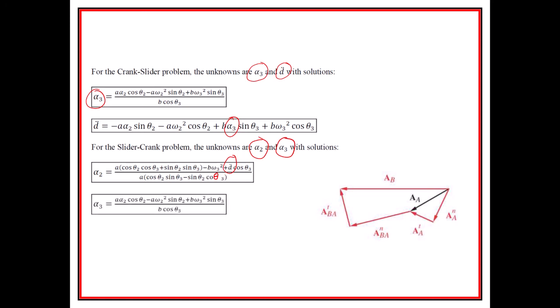All right, and then we come to this next one, and we get the alpha 3, and sure enough, we do need alpha 2 to be able to find alpha 3, just so you know. So we had to find that alpha 2 before finding the alpha 3. And these are equations 7.17, by the way, in the book, and they're on page 364 if you happen to be using the 5th edition.